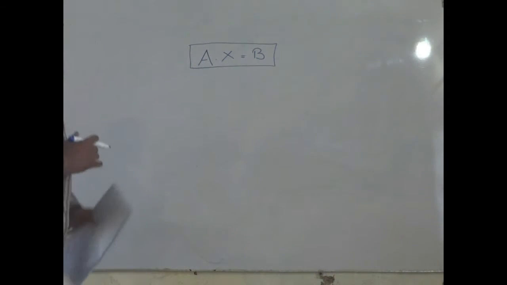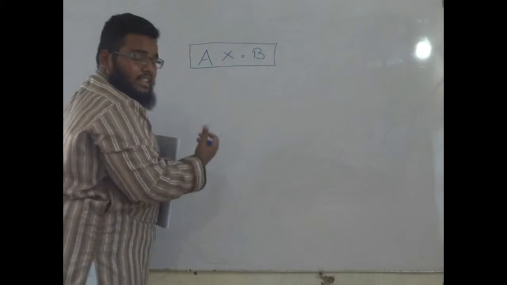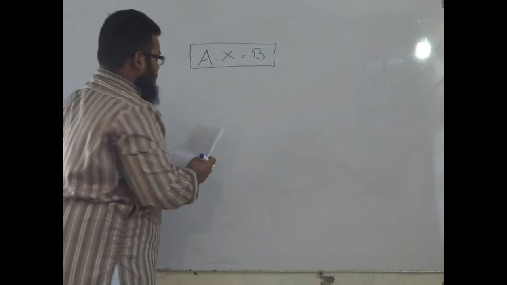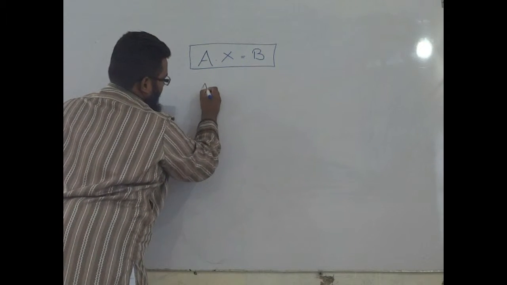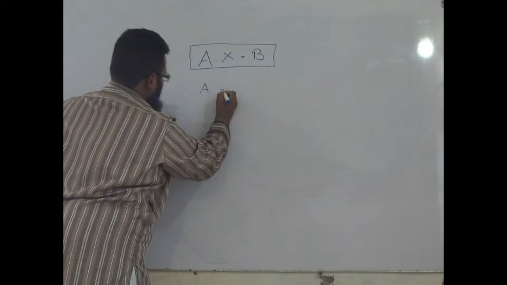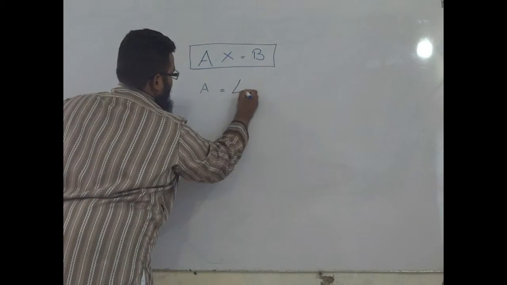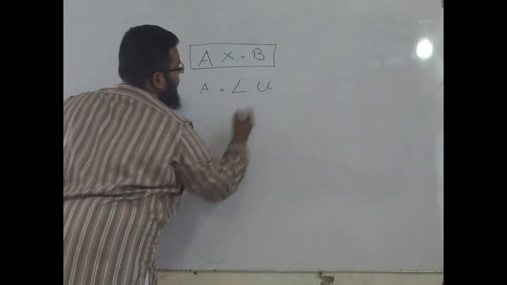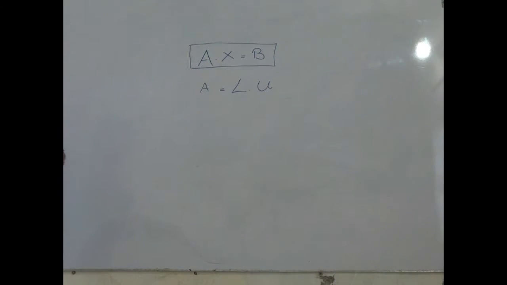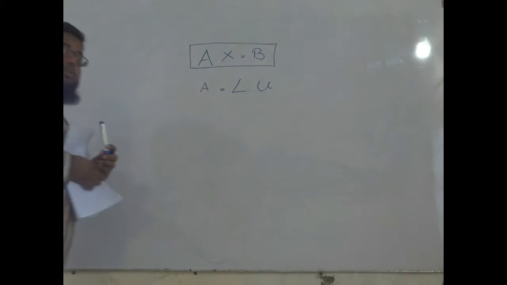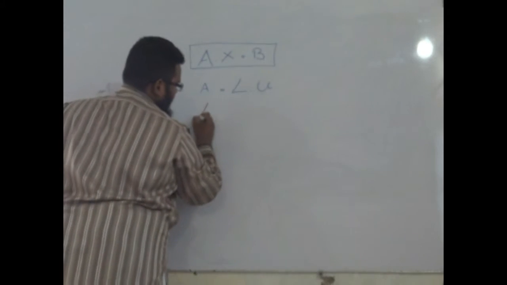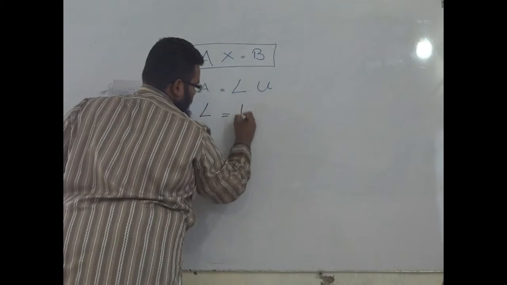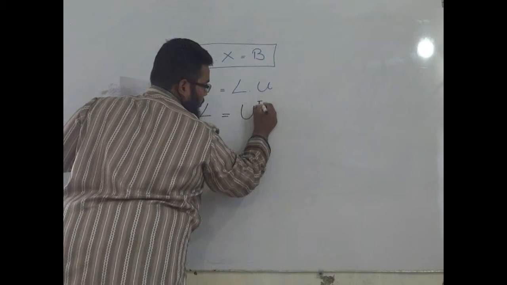Now to make this equation for Cholesky, we have to replace A is equal to L into U, but here L is equal to U transpose.